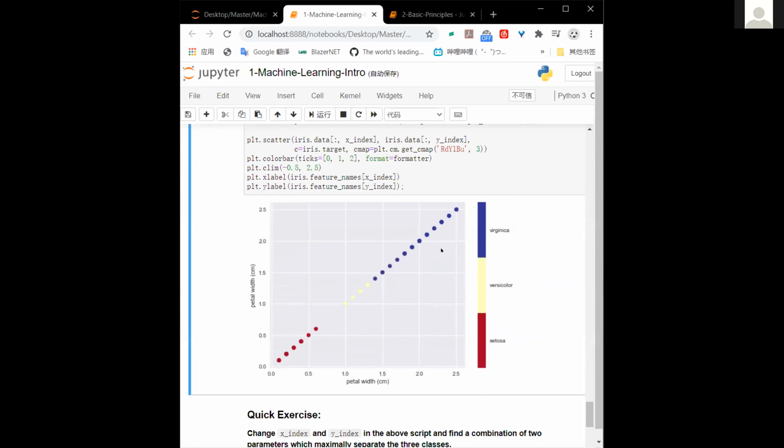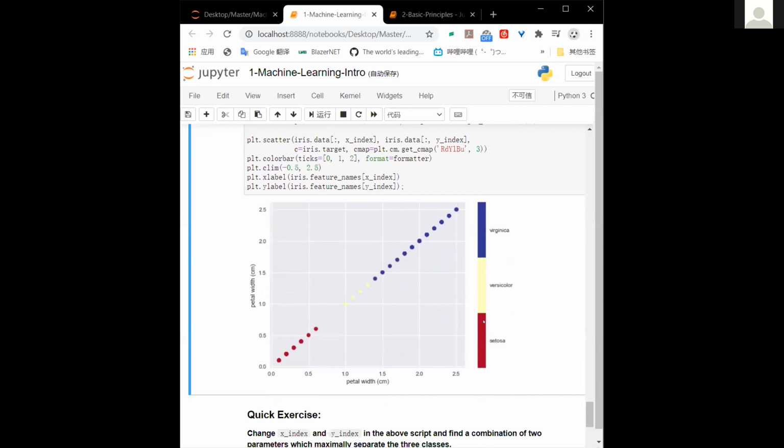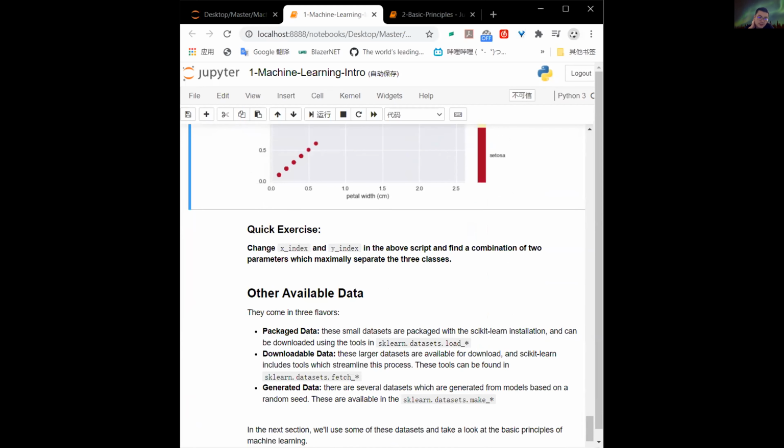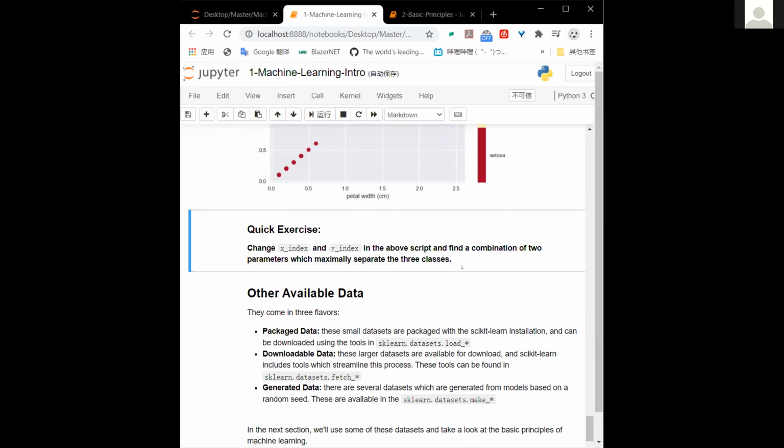I got different types of separation. Can you go to the question that we are asking you? It's right here.